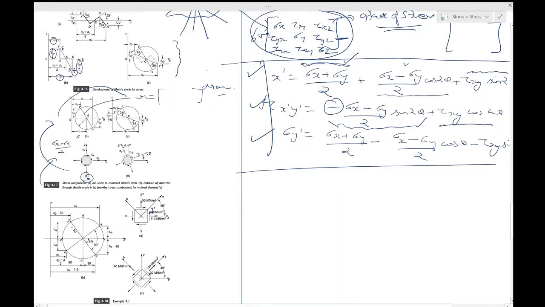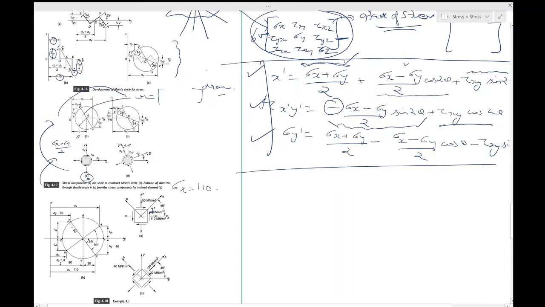Now what you do, you have to find the center of your circle, which again is not very hard. It will just be the midpoint of this diameter, equal to (sigma x plus sigma y) by 2. So what is sigma x? We just write sigma x is equal to 110.